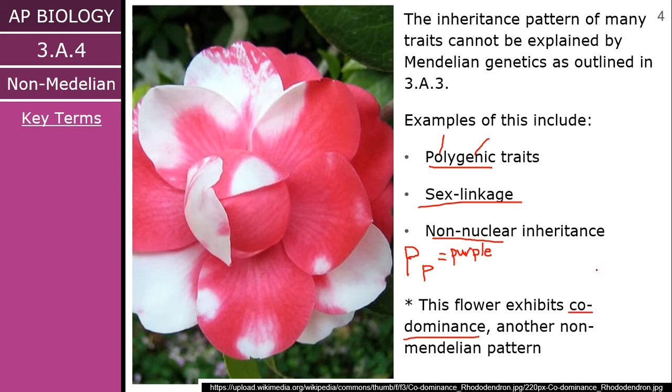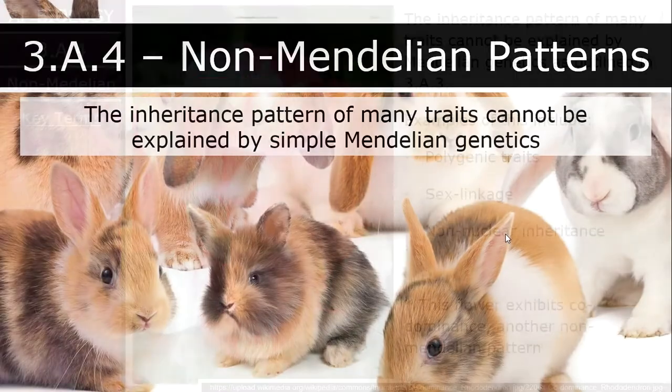Let's say you have 2 alleles, big R and little r. Big R stands for red, and little r stands for white. Now we're not looking at normal dominant recessive stuff. We're looking at codominance. Co means together, and dominance means that you dominate over the other one. So there are 2 things that are dominating together.